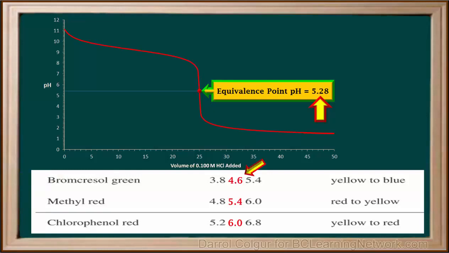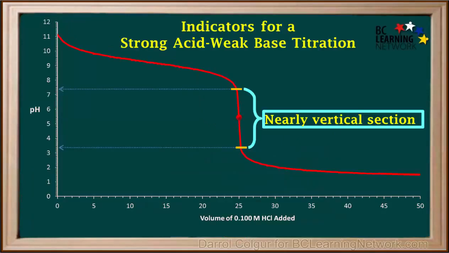The pH at the transition point for each of these three indicators has been calculated and listed here in red. The pH at the transition point of methyl red, which is 5.4, is closest to the pH at the equivalence point of this titration, 5.28. So methyl red is the best indicator for this titration.